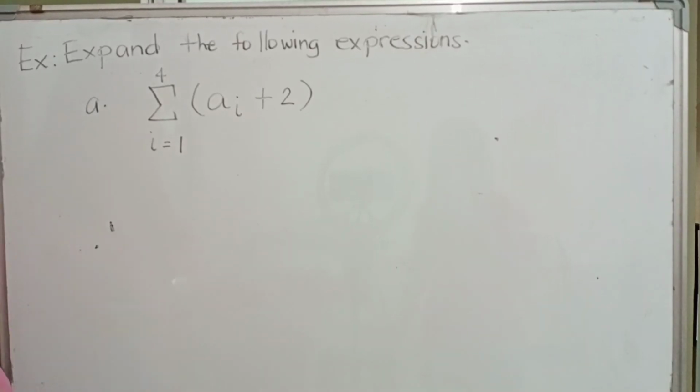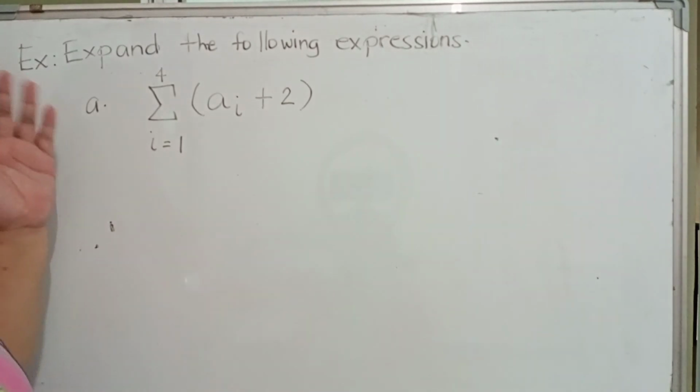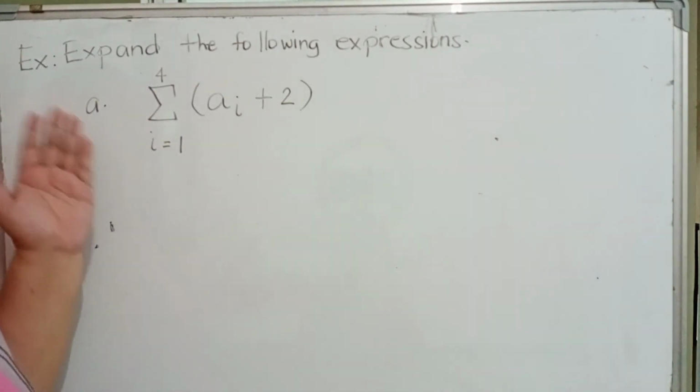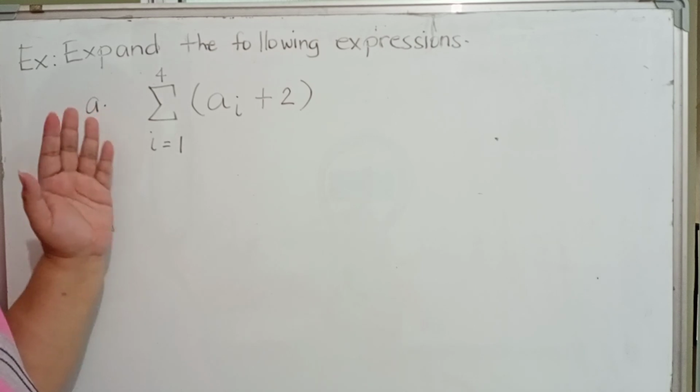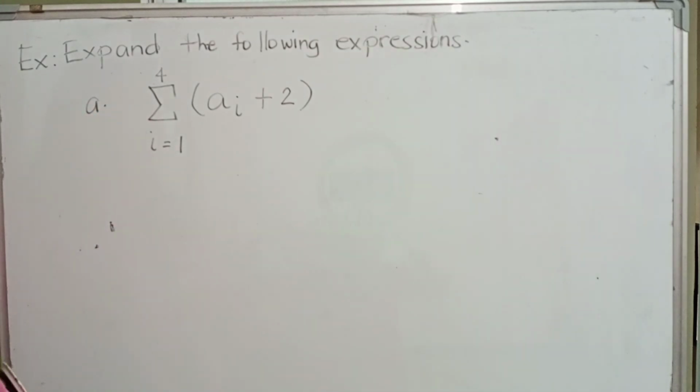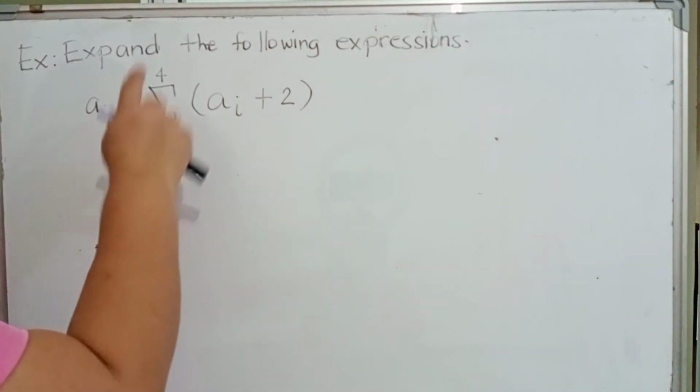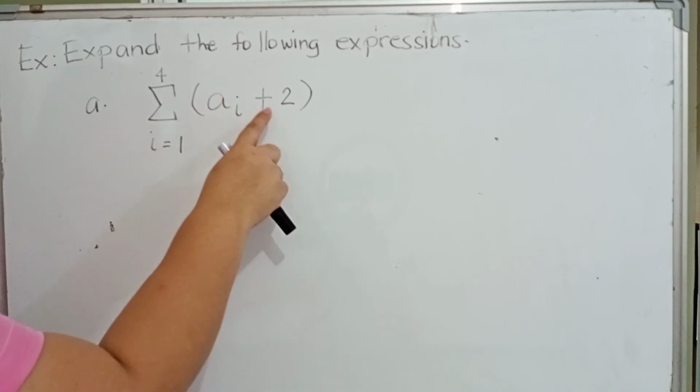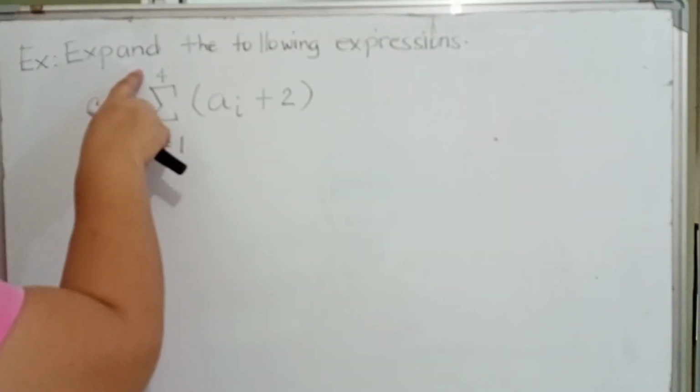Okay class, now in this case, let us expand the following expressions. For example, this is our given notation. This is read as the summation of the quantity of a sub i plus 2 from 1 up to 4.